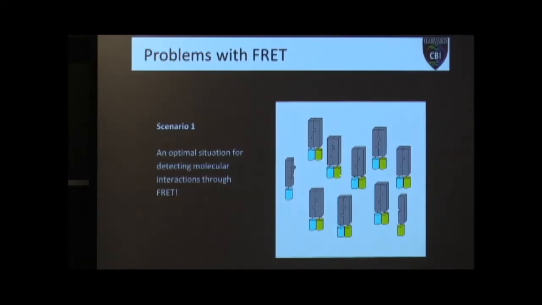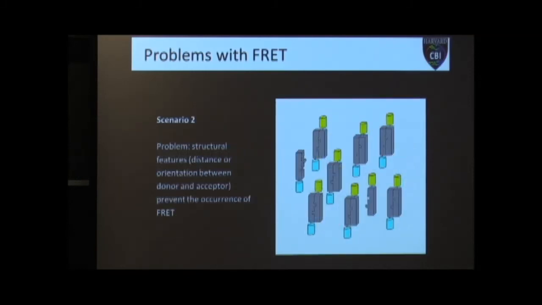So both molecules need to sit in this long direction side by side to actually get that energy transfer to happen. If these were still sitting side by side here, but one of these cylinders was lengthwise in this direction, you wouldn't get any FRET because the dipoles would not be aligned. So these are two problems that can happen, and this is going to give you a false negative in any type of FRET experiment. It doesn't matter which method you use.